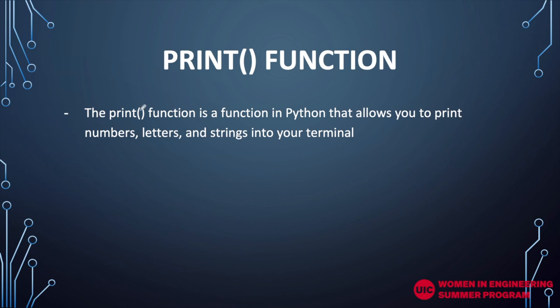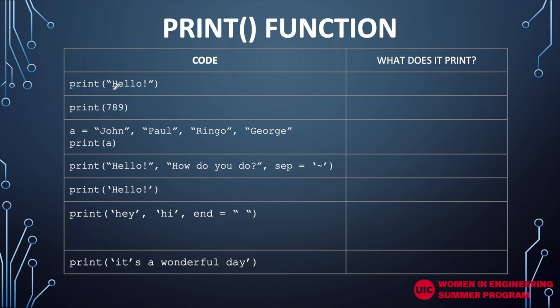All right, let's talk about the print function. The print function is a function in Python that allows you to print numbers, letters, and strings, basically anything into your terminal. So let's go through these examples. So if you print out the string hello, you get the word hello. If you print out the int 789, you get 789 printed out. If you do a list of strings, so John, Paul, Ringo, George, and you print out that list, you get John, Paul, Ringo, George.